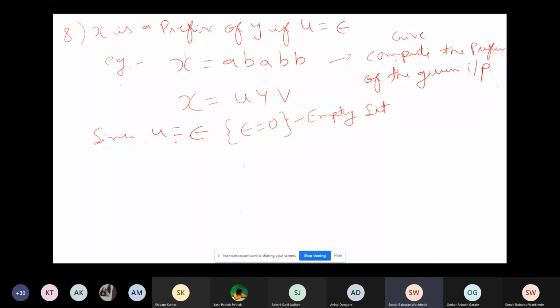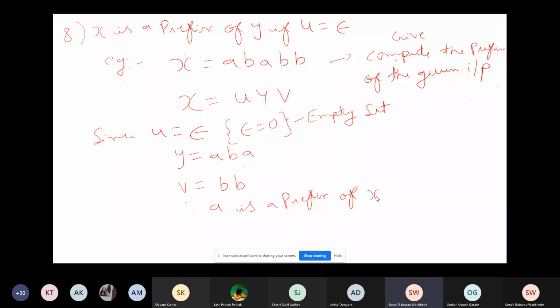Now, since u is equal to epsilon, then we can write y as ABA, and V is BB. And therefore A is a prefix of X.